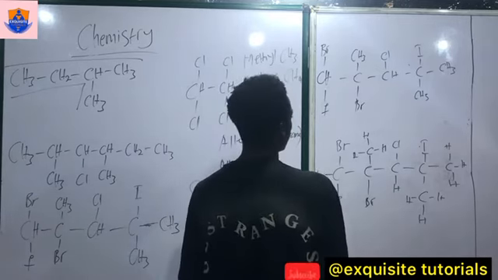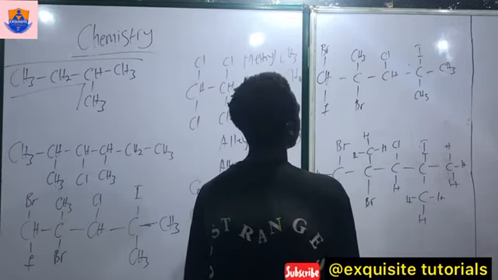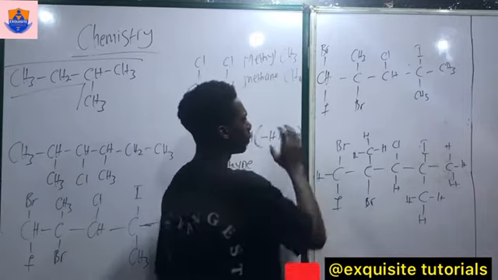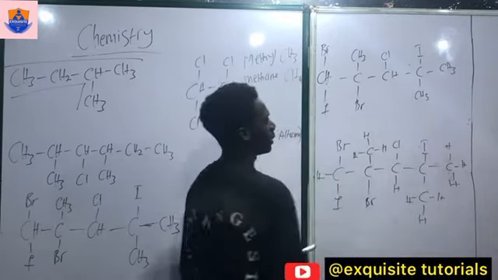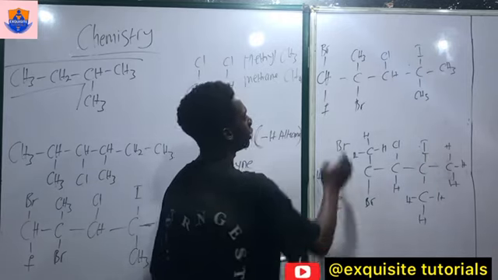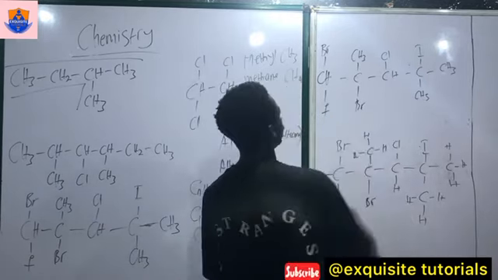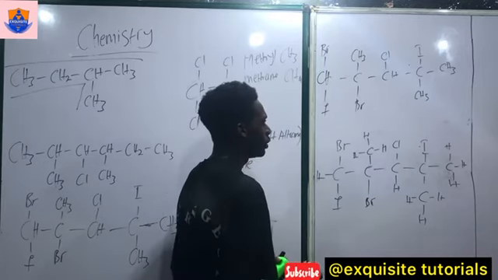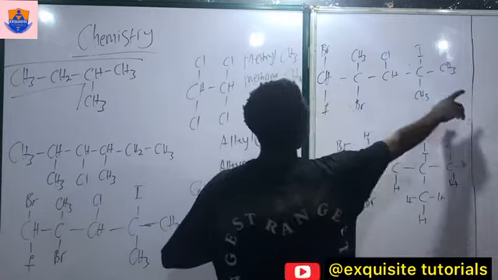Okay, so now how do we name this? Now first of all, we look for the longest carbon chain. We have 1, 2, 3, 4, 5. Now that's 5, or we can name it 1, 2, 3, 4, 5. Anyhow, so we are using this straight chain. Now how do we name this again? How do we check on this? How to name if it's on the left side or the right side?